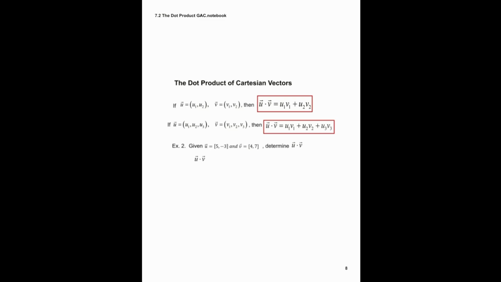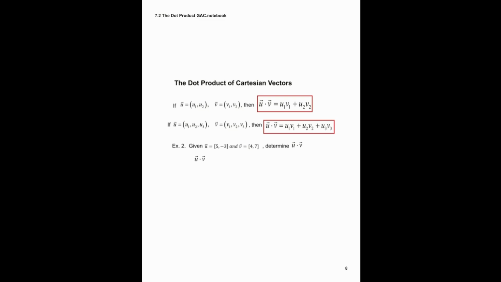So remember I said that we were going to take what we knew about the geometric dot product and apply it to the dot product for Cartesian vectors. That's what we're going to look at right now. In Cartesian form, we have an x and y coordinate for each of our vectors, and they start at the origin.